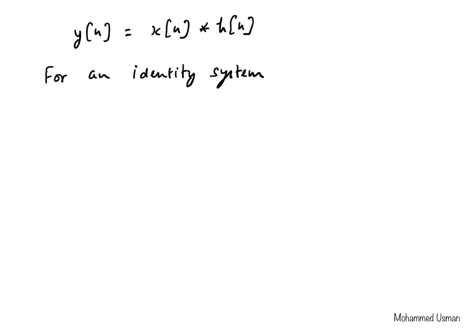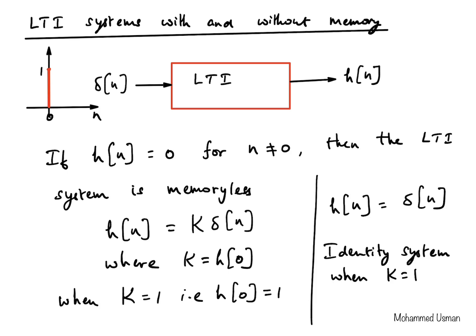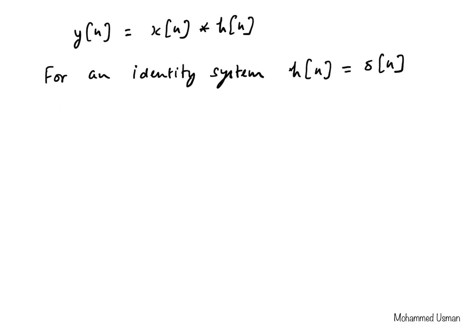So therefore the identity system is a memoryless system, by its very definition. So for an identity system, we have the impulse response h of n equal to the input signal delta of n, which is what we have depicted over here.